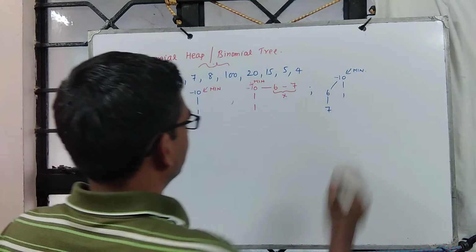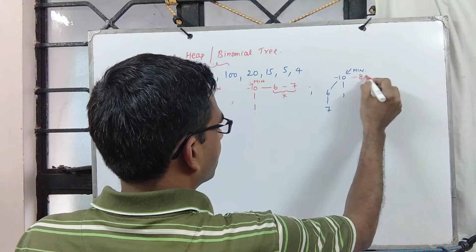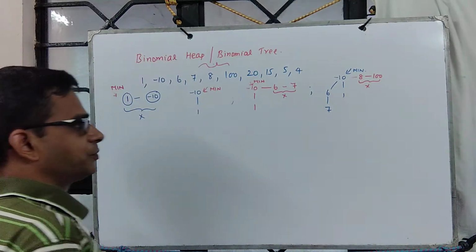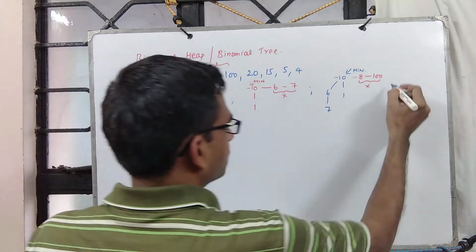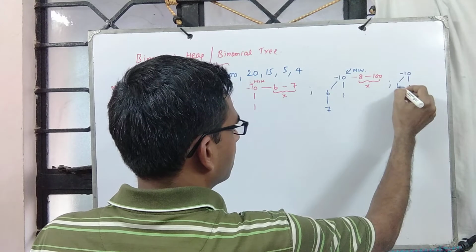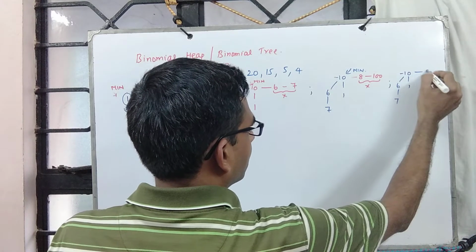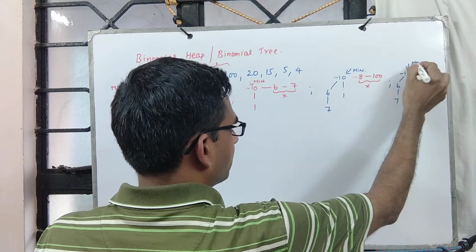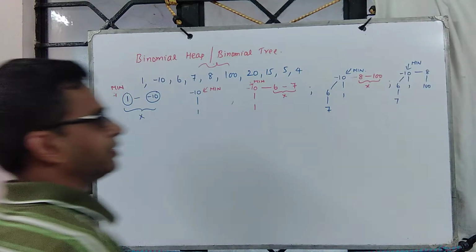Next we insert 8, next we insert 100. Now at this point we go for merge, so we get -10, 1, 6, 7, 8 and 100. Between these two this is minimum, so no need to update the min pointer.